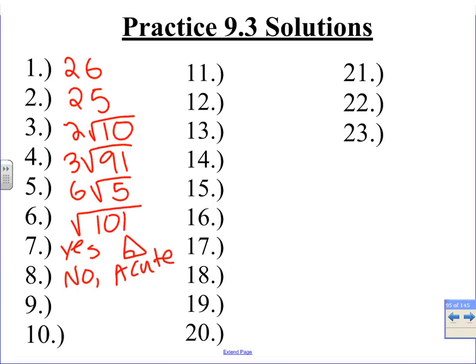Number 9, Michelle? Good. Yes, number 9 is a right triangle. Number 10, Nathan M. Okay, do you know what kind of triangle it is? Nope. So it's acute, right?